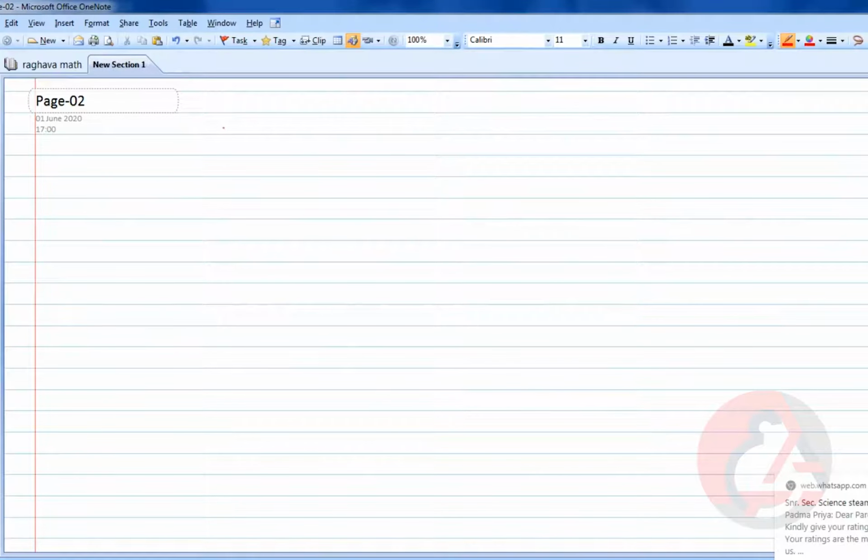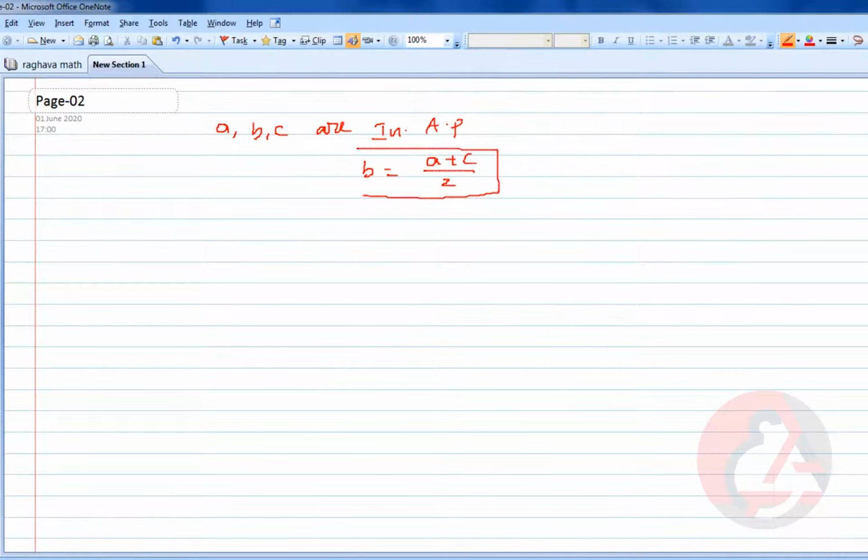If I want to say A, B, C are in AP, what is the relation between A, B, C? B will be equal to A plus C by 2, or I can write B minus A should be equal to C minus B. That is called the common difference. This is equal to D, called the common difference.